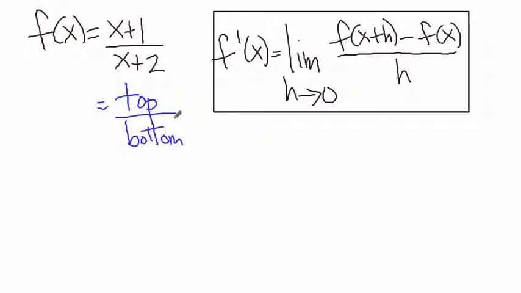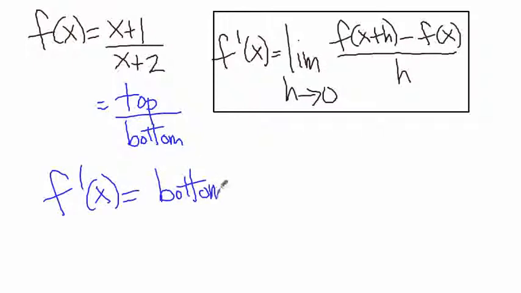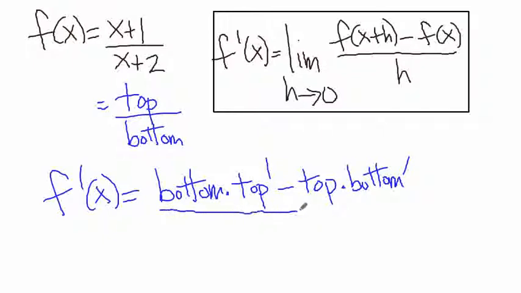So the derivative of something that has a top divided by a bottom is going to be equal to bottom times the derivative of the top minus, not plus, minus the top times the derivative of the bottom, all over bottom squared.